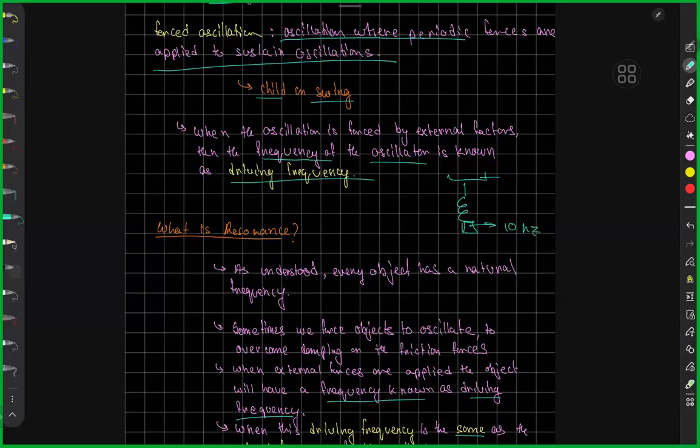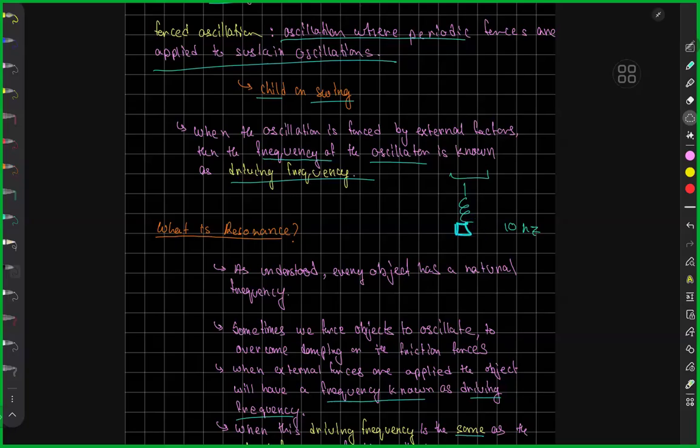I'm telling you that. I know that. And I make the gear oscillate at 10 hertz. You know what will happen? Resonance will take place. What does that mean? This box over here, this mass over here, will move up and down with the maximum possible amplitude.